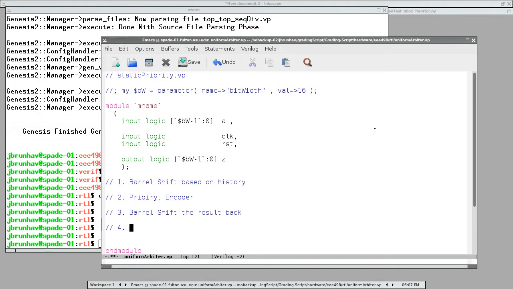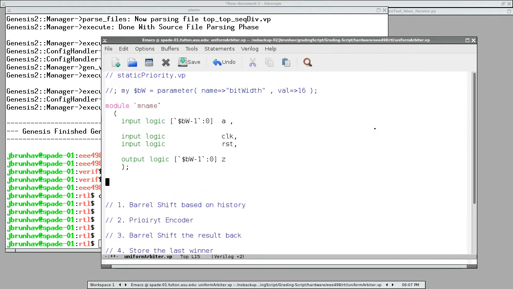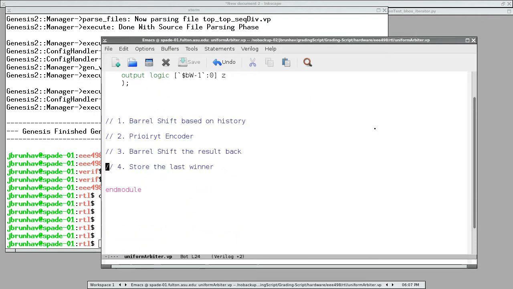And then four is store the last winner. It's not too bad. So we'll fill in the easy ones first. Fix some spelling mistakes. There we go.